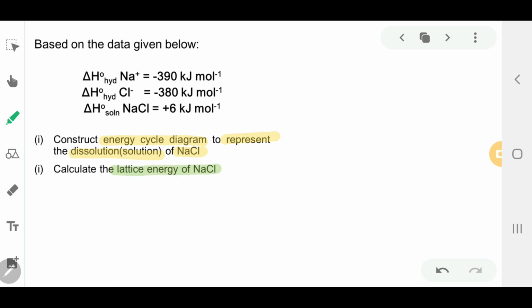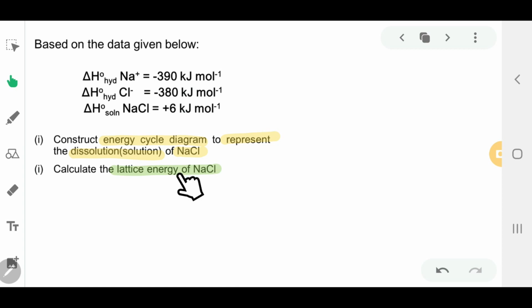This one, you will be able to do after you have done the diagram. Okay? So the first thing that we need to do, since you need to construct the energy cycle diagram to represent the dissolution process, is to start with writing the lattice energy equation first.